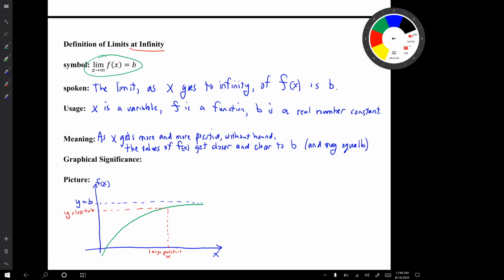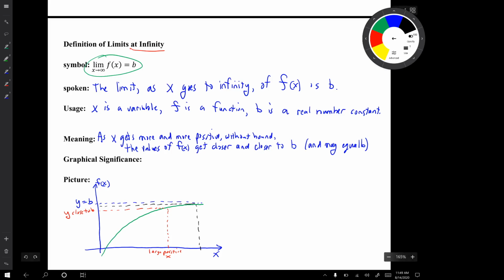And if I choose a larger and larger positive x value, so for instance, x values maybe out here, then the y values come out even closer to b. So x values getting more and more positive without bound cause the y values to get closer and closer to b. And they may even equal b.